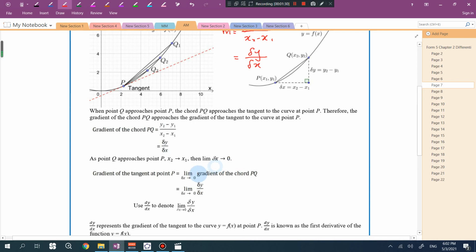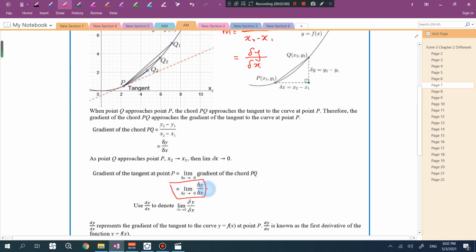Therefore, we can say that the gradient of the tangent at point P is equal to the limit of the gradients of the chord PQ as delta x approaches 0, when it's very close to the point P. So we can write them this way, because the gradient of the chord PQ is represented by delta y over delta x, right?